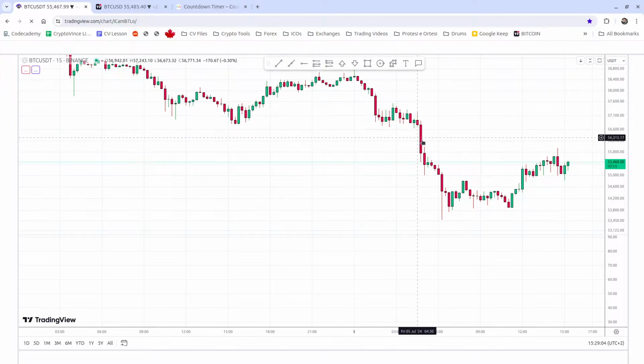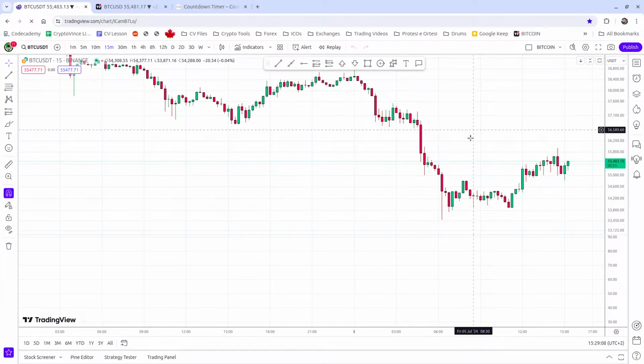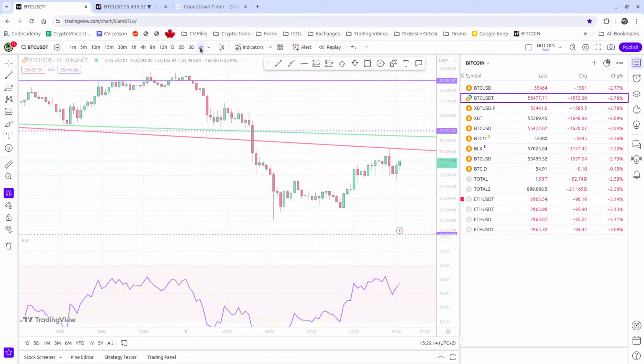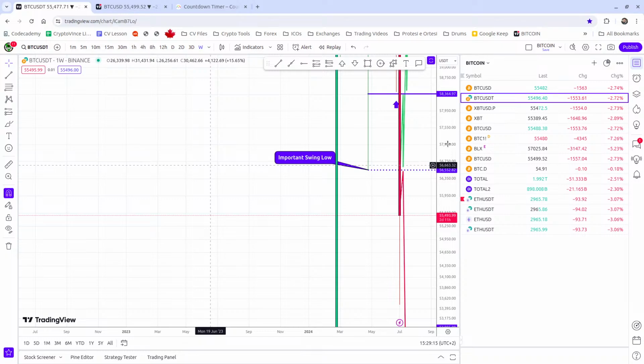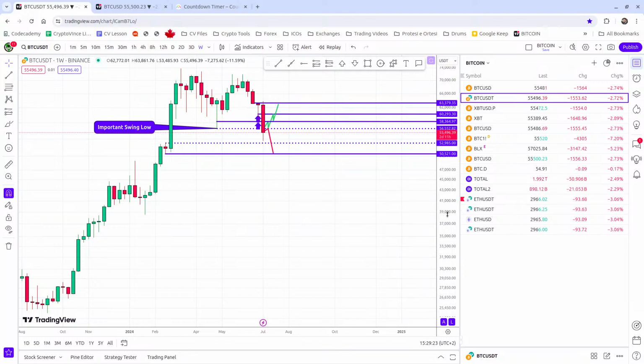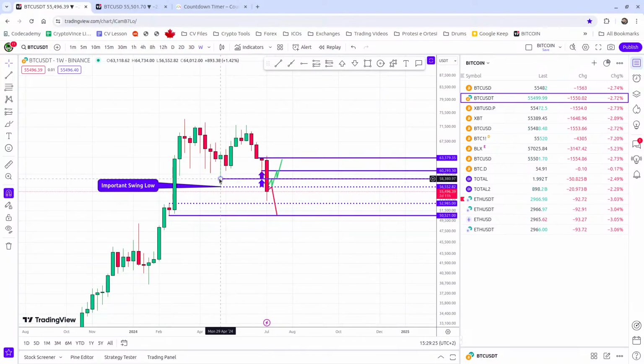I'm doing many things at the same time, so my computer is slowing down a bit. This is the same chart I was looking at before. The swing low needs to close above 56.5, otherwise we're dropping. Very important. It would be nice to close and see a wick below the level. That doesn't scare me.